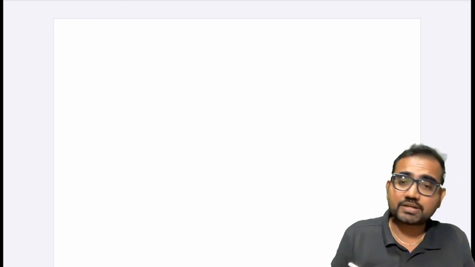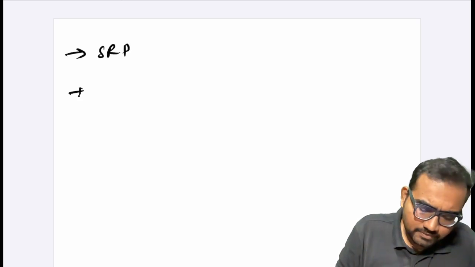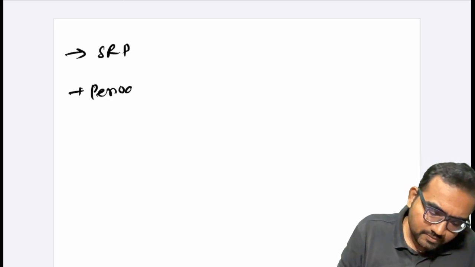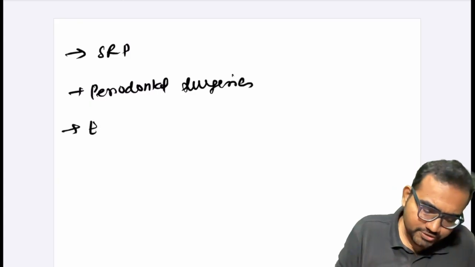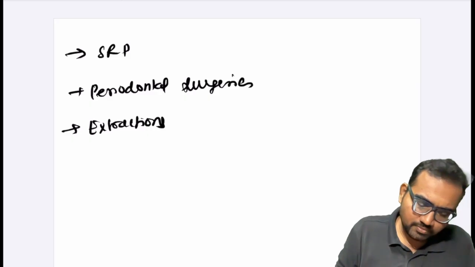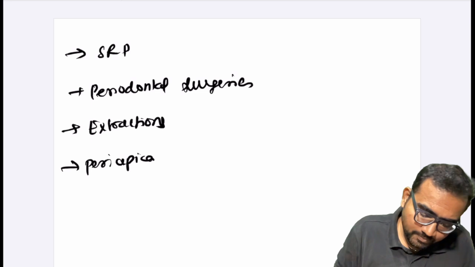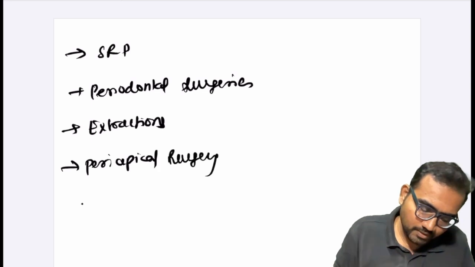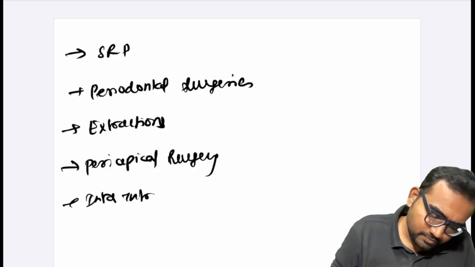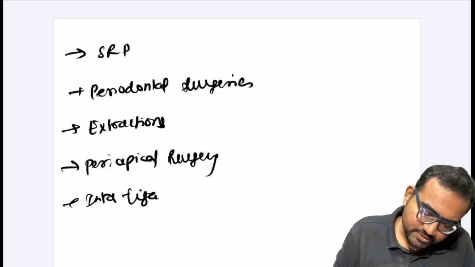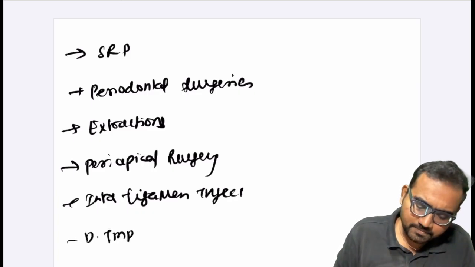The dental procedures that require infective endocarditis prophylaxis are any kind of scaling and root planing, periodontal surgeries, extractions, periapical surgeries that go beyond the apex, intraligamentary injections, and of course, dental implants.